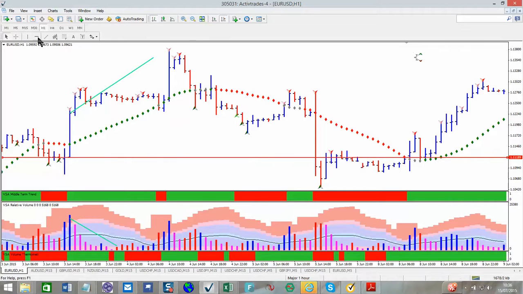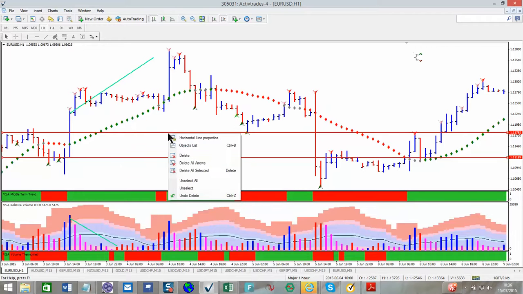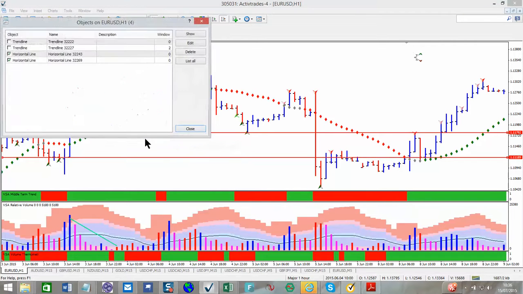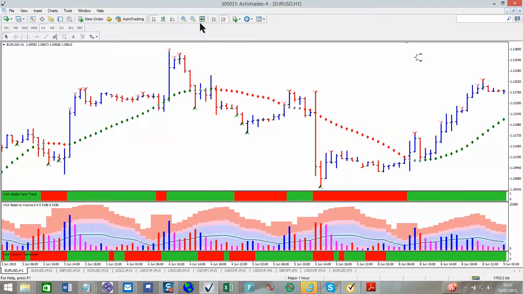Gavin sets his sometimes on the close of the bar or the middle of the bar. It just depends on your preference. But for me, that would have been on the bottom of the bar. So mine would have been on the bottom of that bar.